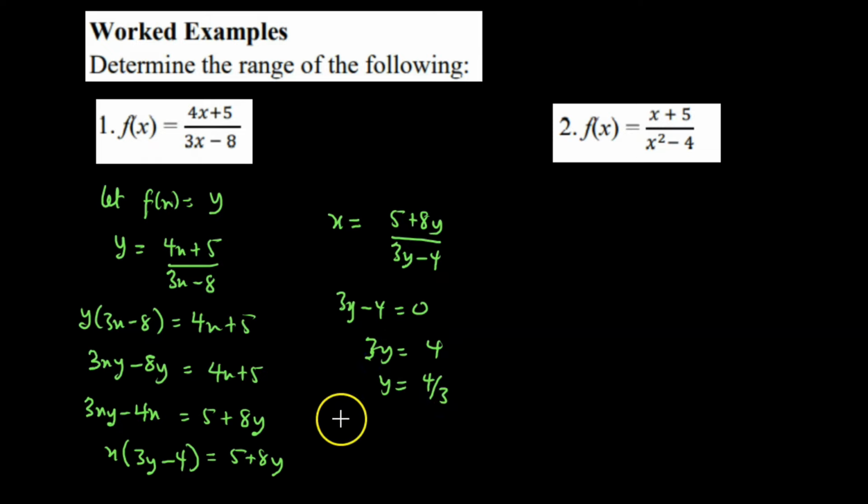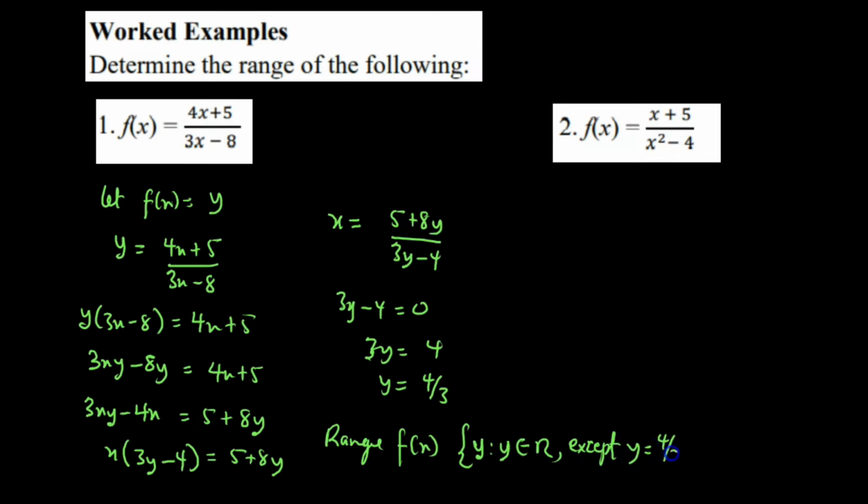So in stating the range of f of x, you introduce your curly bracket again. This time y is such that y is a member of the real number system, except y equal to 4 on 3.